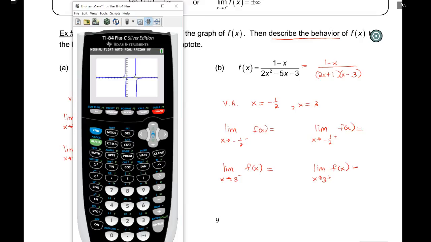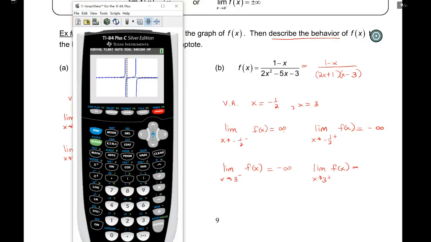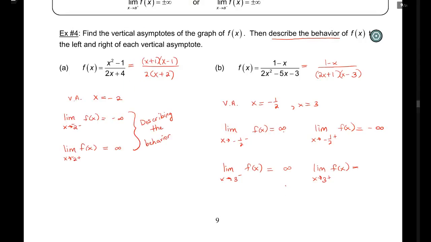Here's your -1/2 and here's your 3. From the left of -1/2 it goes positive, and from the right negative. So this will be positive infinity, negative infinity. And then what about the other one? Negative. And from the left it's positive. Left is positive, right? Yeah. Good.